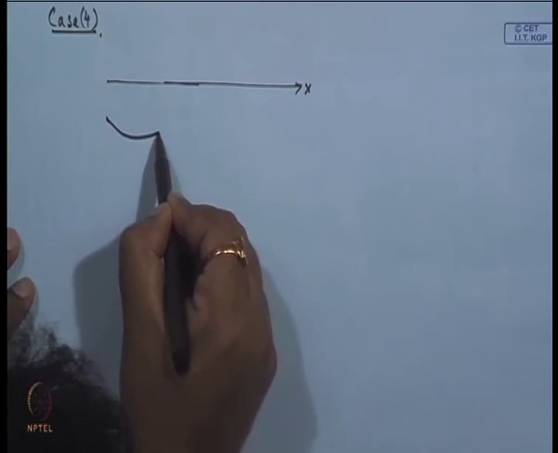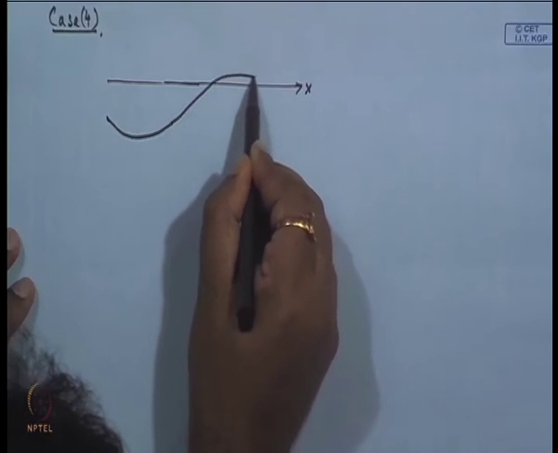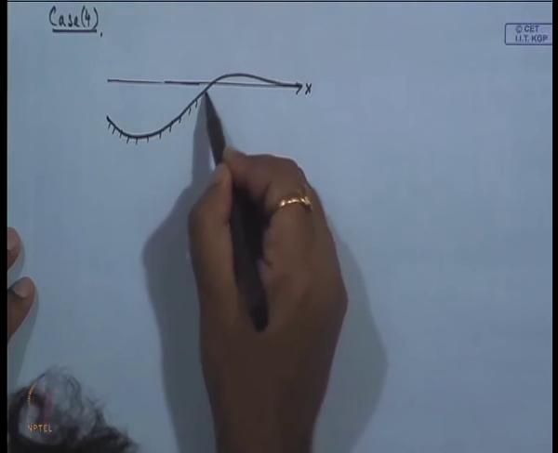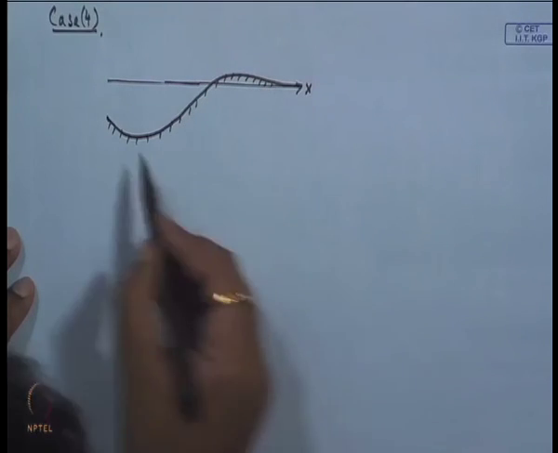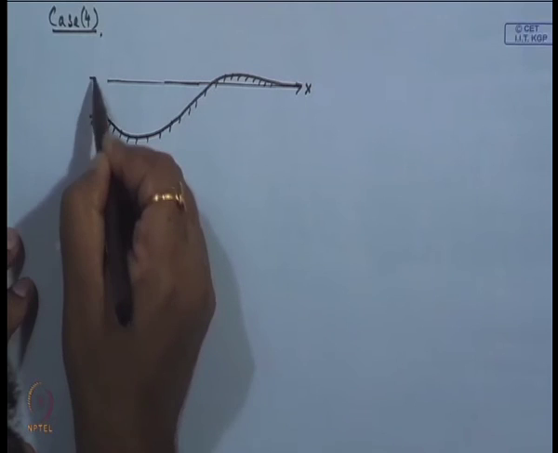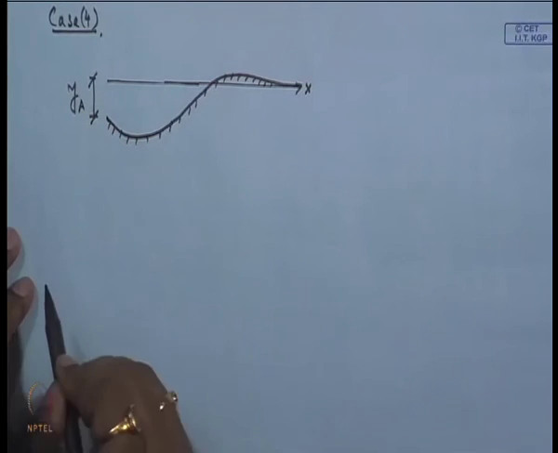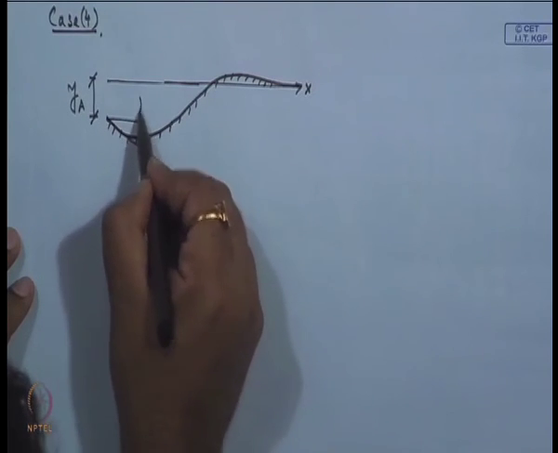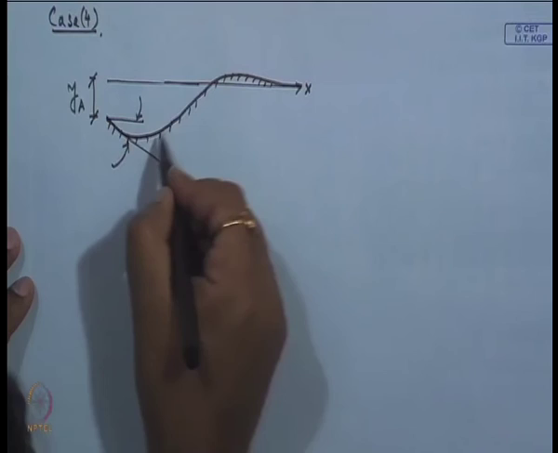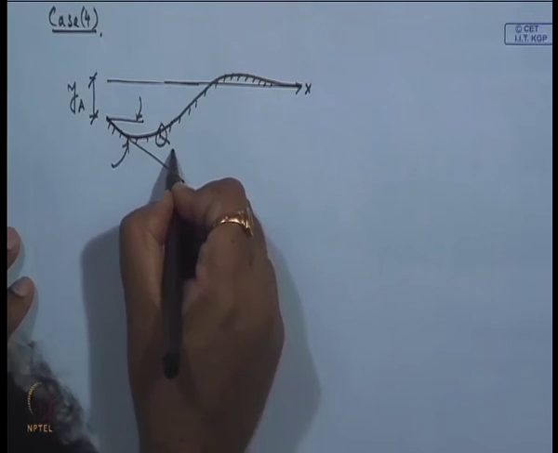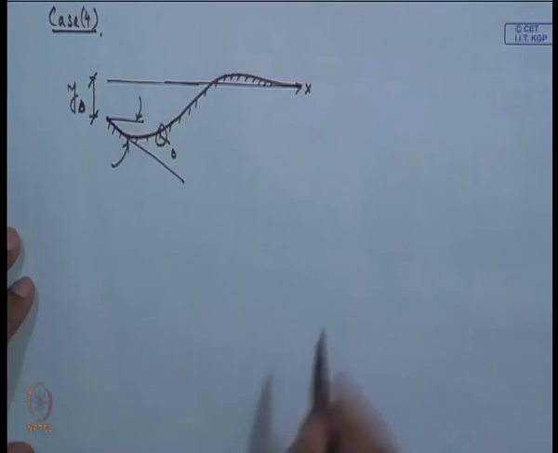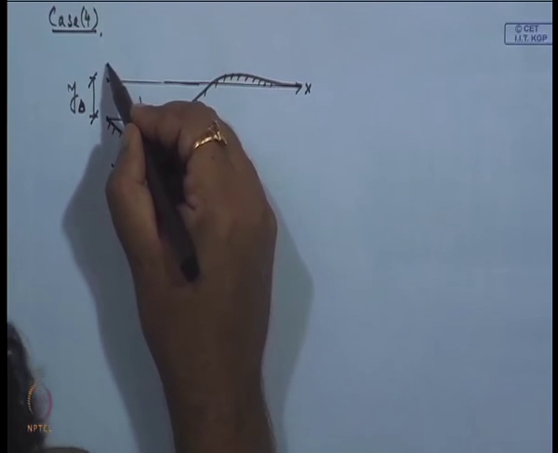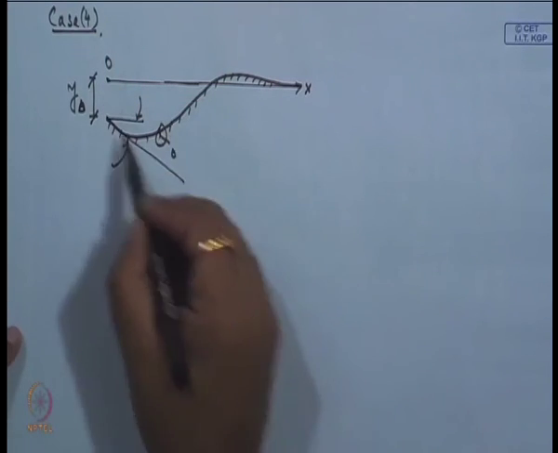So, this is the pattern of the beam deflection. Here at this point the deflection is y a, and the slope at this point is theta 0. So, y 0 is the deflection at this point, and this is theta 0.